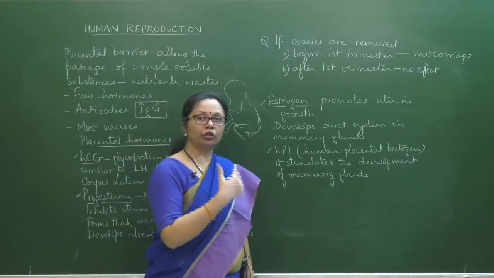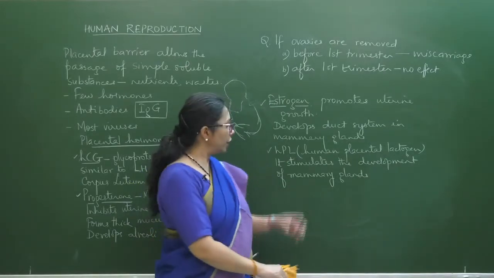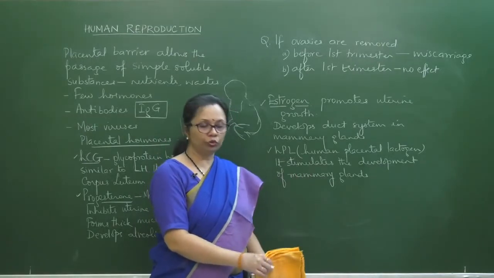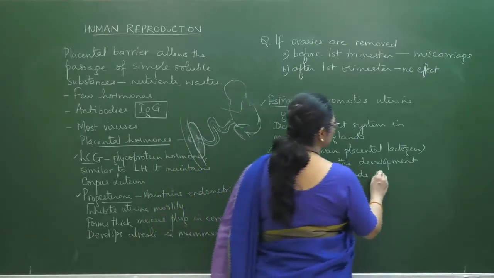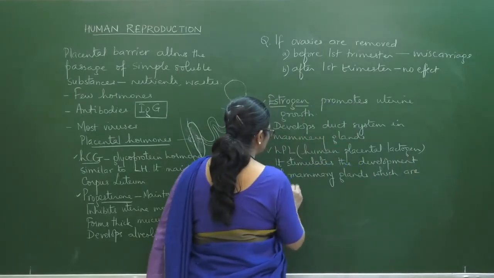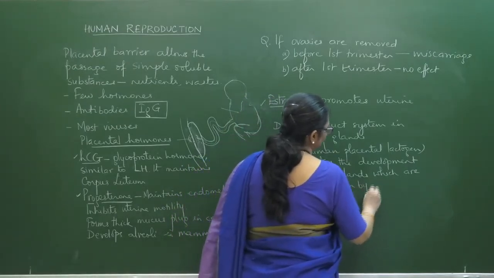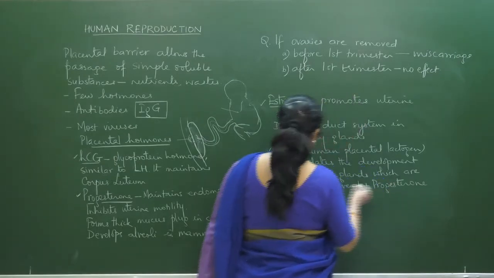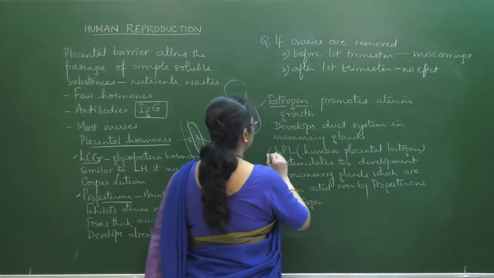Progesterone and estrogen are not directly developing the duct and the secretory portion. So it stimulates the development of mammary glands, which are then further acted over by progesterone and estrogen, number one. So this is one thing that is happening because of this.